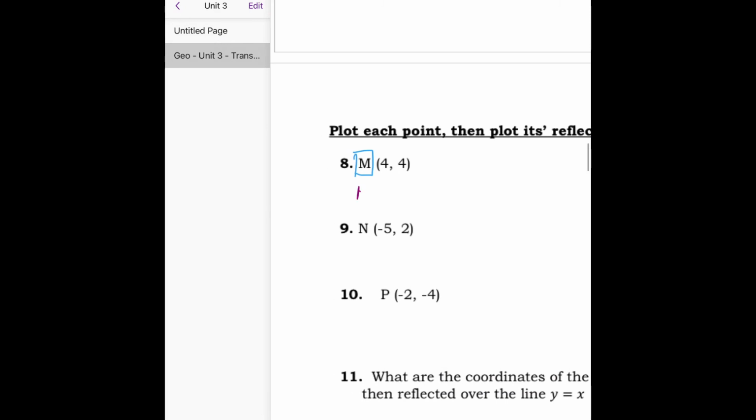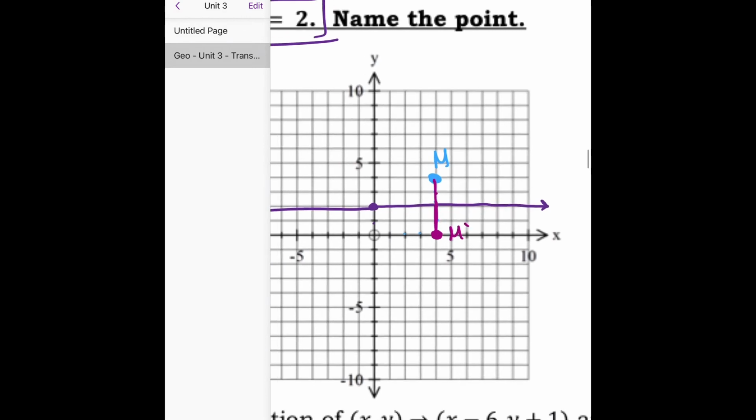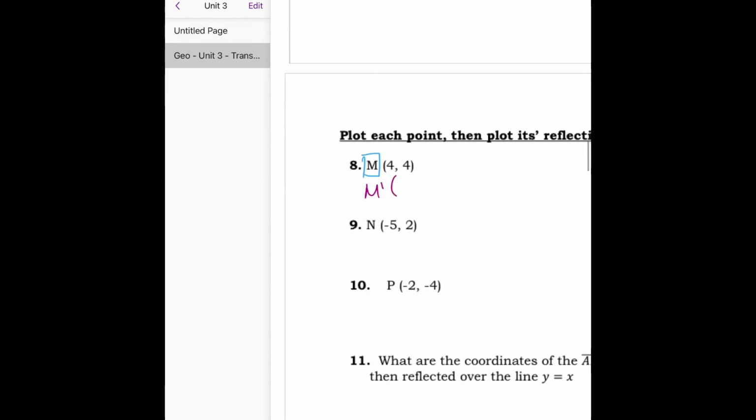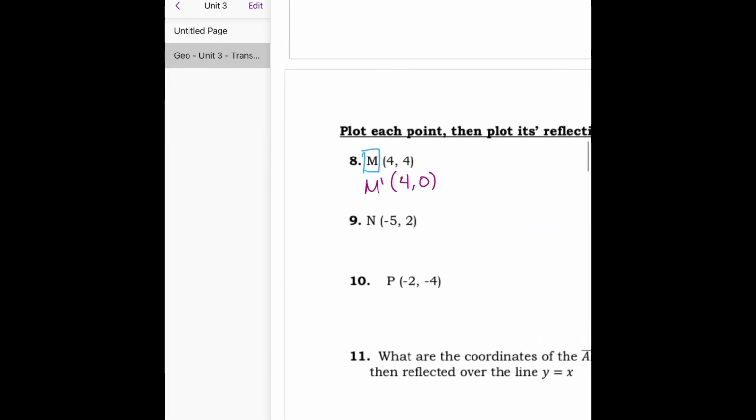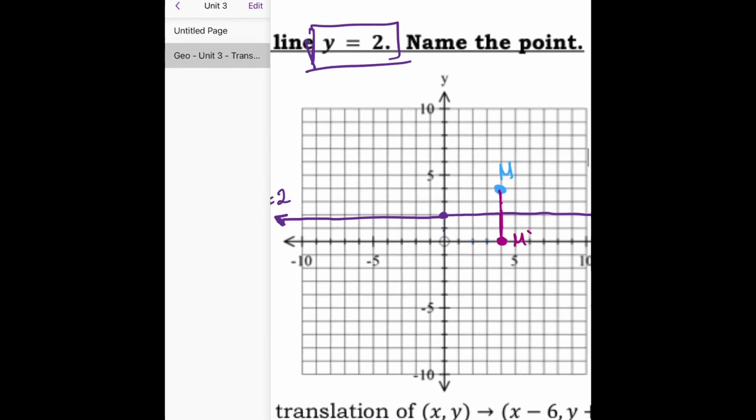So M prime is at, what's that point? 1, 2, 3, 4, 0. Next, point N is at -5, 2.